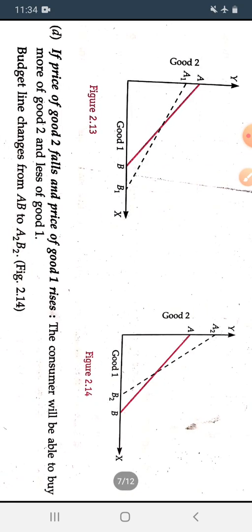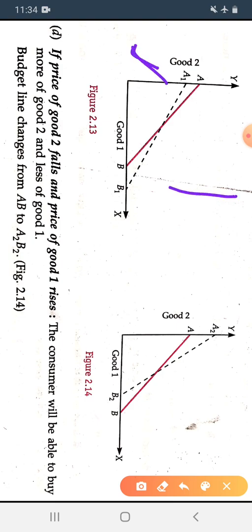So see the diagram. Good 1 is here, and the price of good 1 falls. If it is falling, then the consumer will purchase more of the commodity, so it will shift rightward.